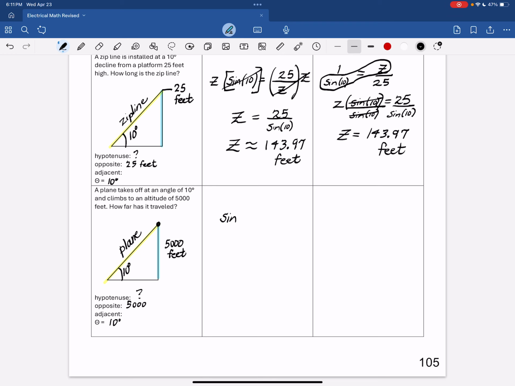So sine of 10 equals opposite over hypotenuse. So I'll multiply the plane by both sides. And then I'll have to divide out that sine of 10.